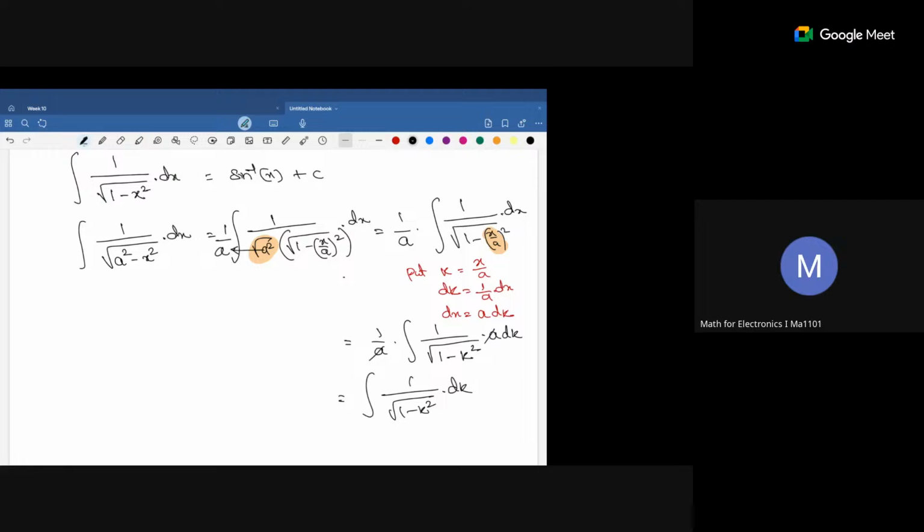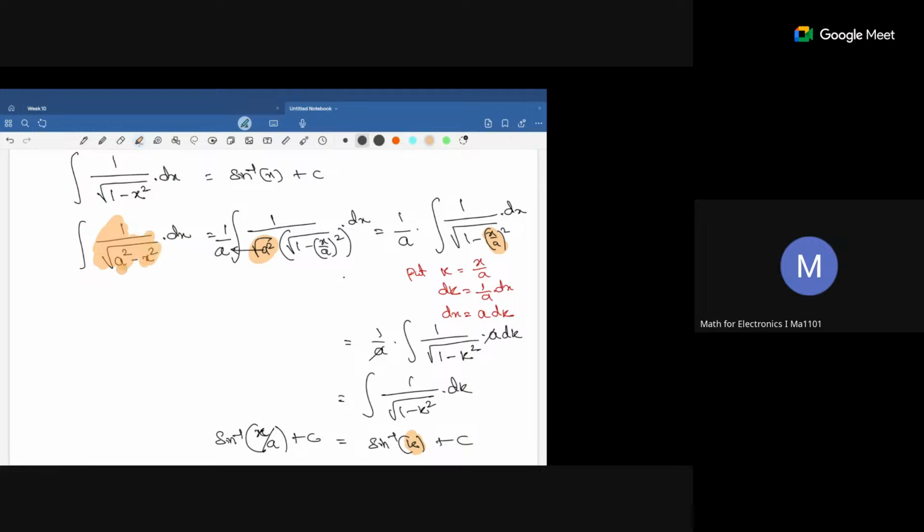We know the integral of this, which is simply sine inverse of k plus c. And replacing k by x by a, we get sine inverse of x by a plus c.